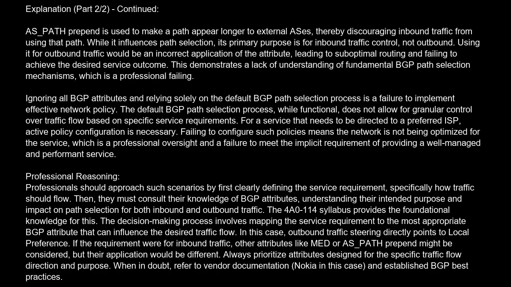In this case, outbound traffic steering directly points to local preference. The answer would differ if the requirement were for inbound traffic. Other attributes like MED or AS path prepend might be considered, but their application would be different. Always prioritize attributes designed for the specific traffic flow direction and purpose. When in doubt, refer to vendor documentation, Nokia in this case, and established BGP best practices.